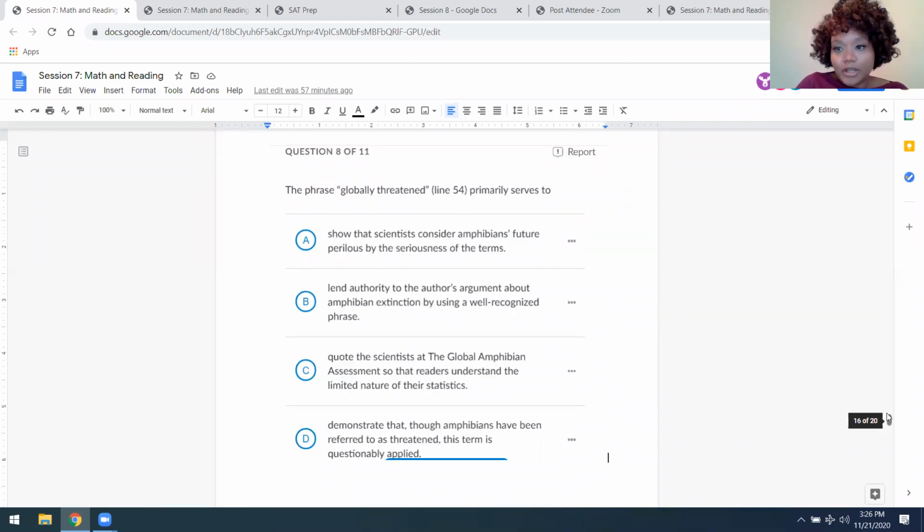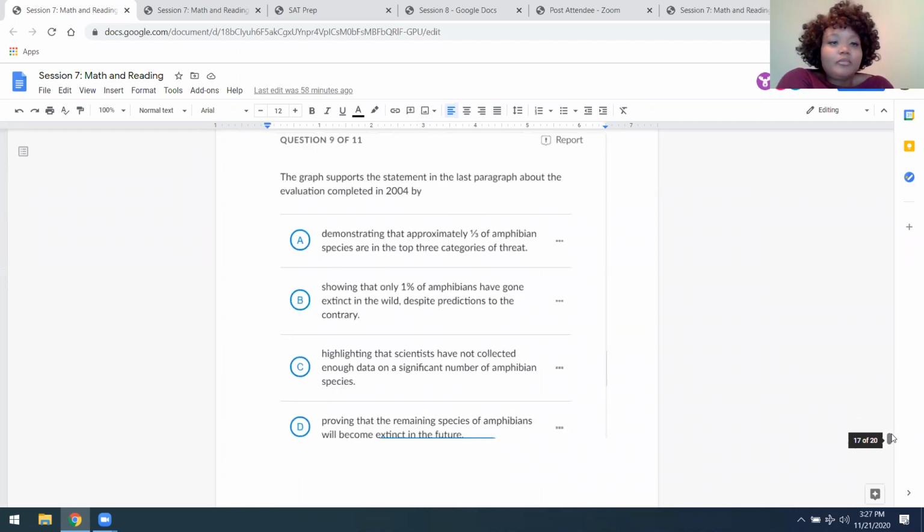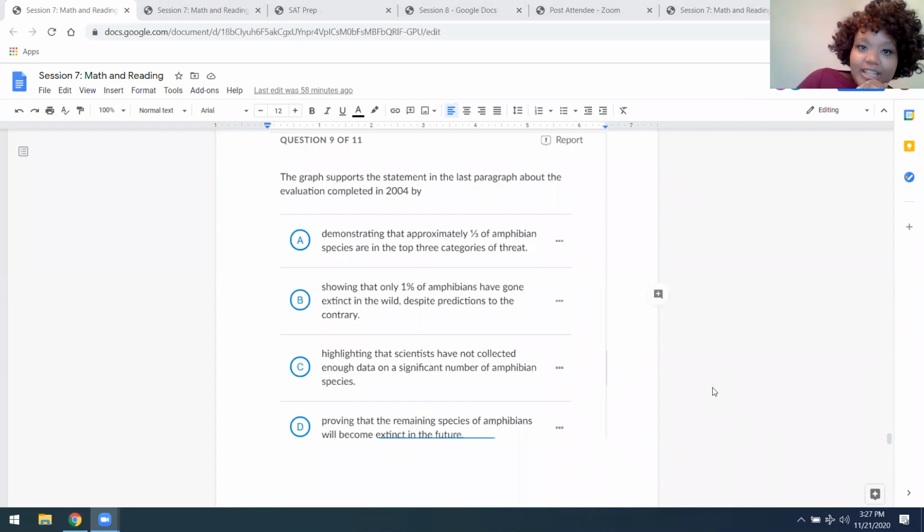Okay, so number 9. The graph supports the statement in the last paragraph about the evaluation completed in 2004 by... Oh, you guys are quick. Yes, A is correct: demonstrating that approximately 1/3 of amphibian species are in the top 3 categories of threat.